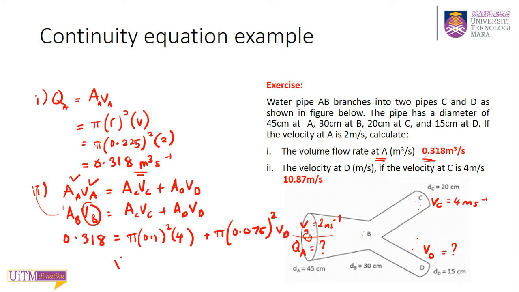And so your VD should equal to, is this answer correct? 10.87. Can someone calculate this? I got the same answer, so that means the answer is correct. So 10.87, and don't forget the unit, meter per second.